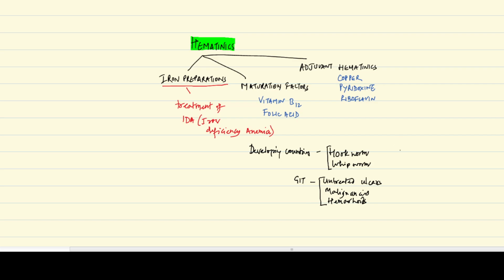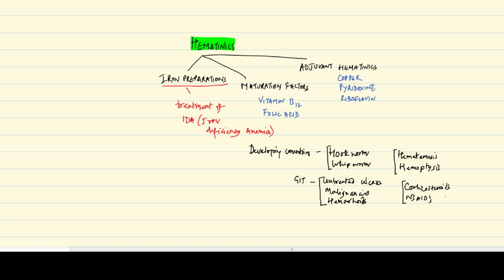Okay? Sometimes there could be patients presenting with hematemesis or hematitis, or there could be drug-induced anemias, for example, drugs like corticosteroids or NSAIDs, okay, like aspirin.